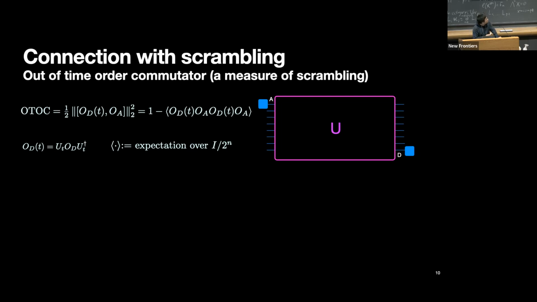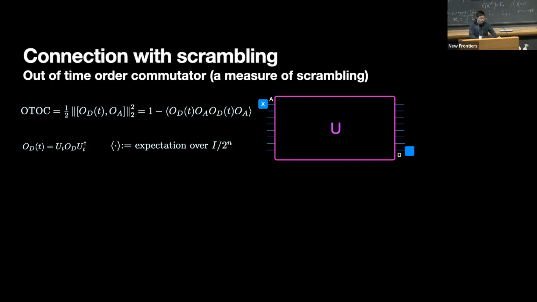And when we take the qubit for A, we choose the observable O_A to be a non-identity Pauli operator with uniform distribution. For example, if we choose A to be the first qubit, then we choose the Pauli operators, Pauli X, Pauli Y, Pauli Z, with equal probability 1/3.